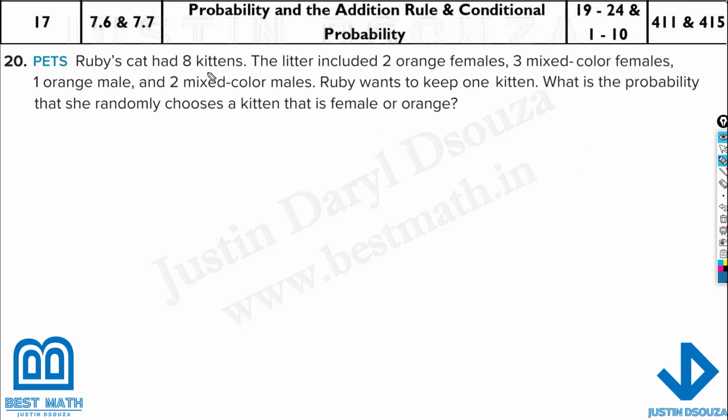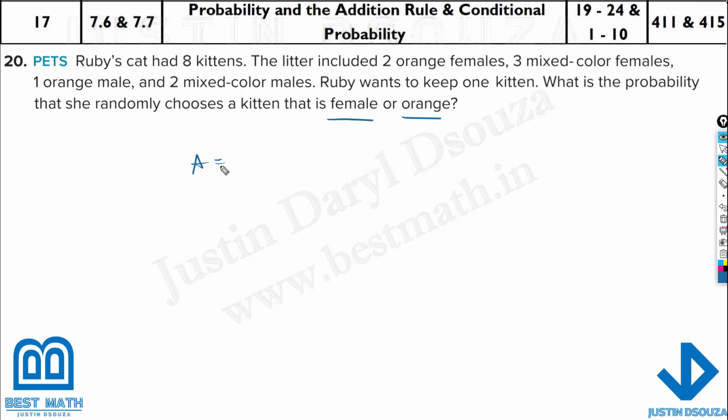It's about pets. Ruby has 8 kittens. The litter, the group of kittens, included 2 orange females, 3 mixed color females, 1 orange male, and 2 mixed color males. Ruby wanted to keep 1 kitten. What is the probability that she randomly chooses a kitten that is female or orange?